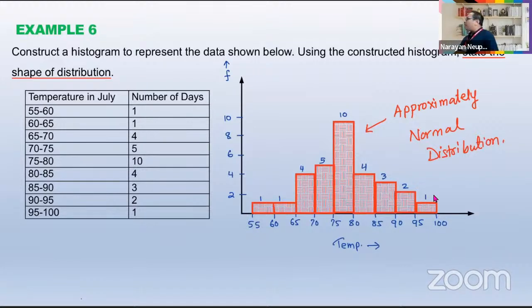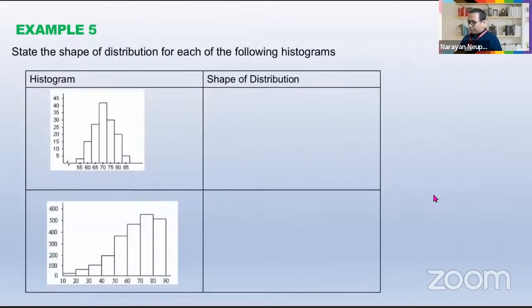Okay, let's answer some of the questions based on the histogram now. Here we are talking about the shape of the distribution. What can you say about the shape of the first histogram in this picture? It looked like a normal distribution, right? So let's call it normal distribution.